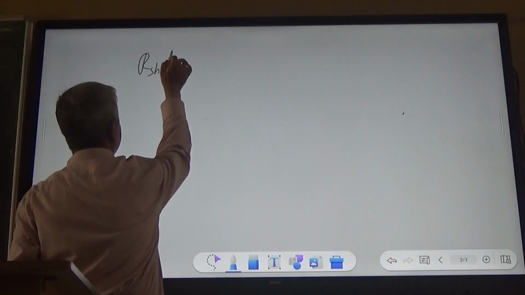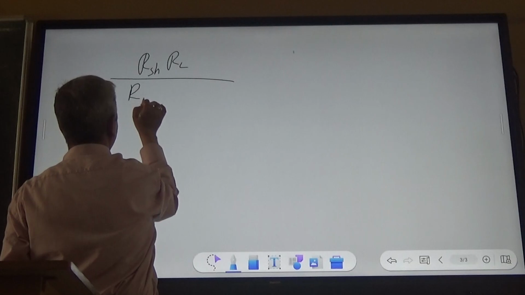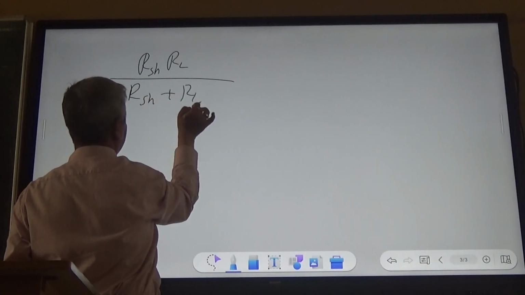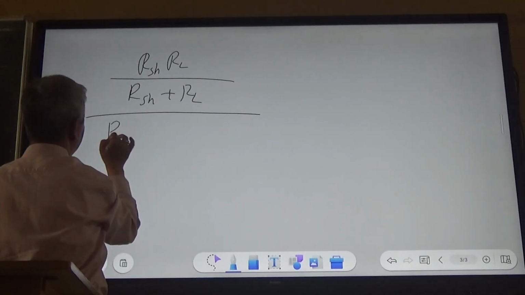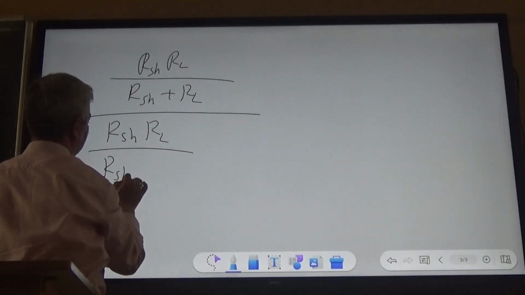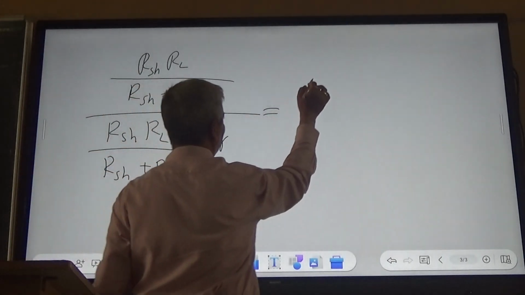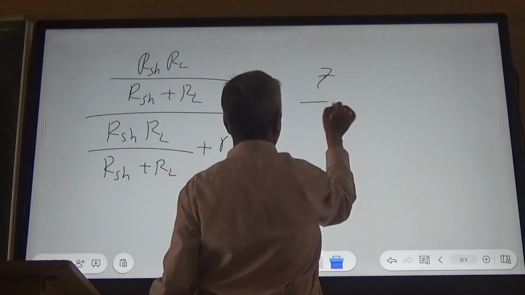So if we put the expanded formula, what happens? RSH parallel RL is RSH RL upon RSH plus RL, upon RSH RL upon RSH plus RL plus R, equal to 7 by 10.